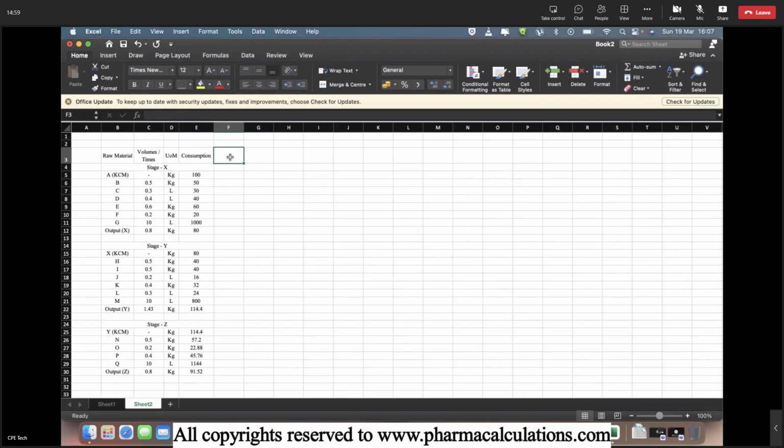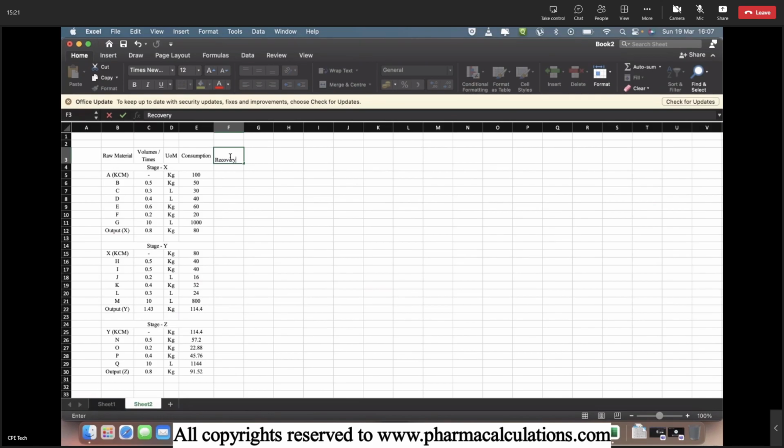Okay. So here, the next column that we want to take is the recovery. Whenever you are going to prepare a raw material cost contribution sheet, you should take this recovery also into consideration. Sometimes you will be using fresh material, and sometimes you will be taking the recoveries also.